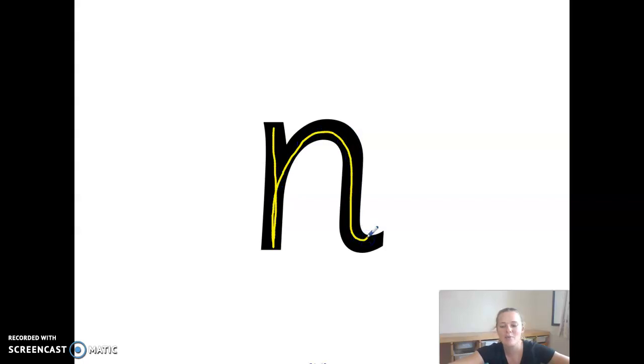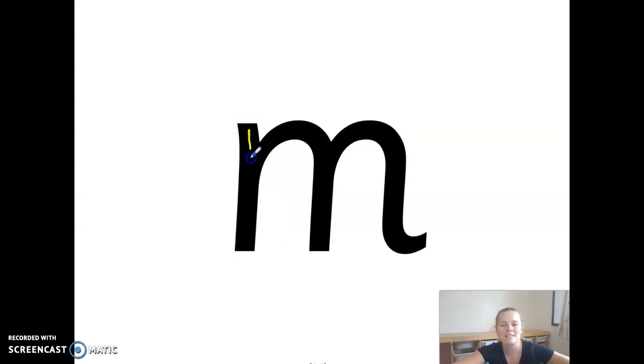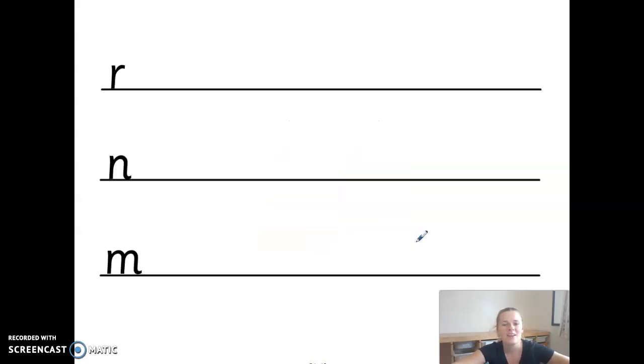And the same with this one: down, back up, over the hill, with a little tail on the end. So make sure you practice these today. They are quite tricky ones, but they all start the same.